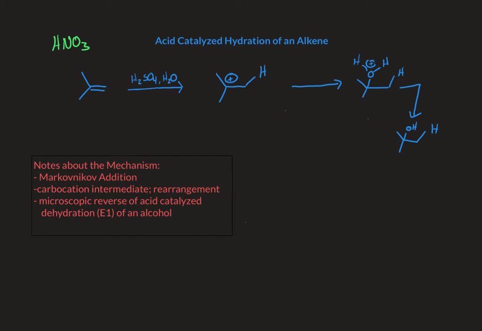And the first thing that happens when we're going in reverse is this thing is protonated to form this hydronium ion. The next thing that happens is water leaves to form this carbocation. And finally, some base, maybe water, could come in and deprotonate that position to give you this alkene. So it's the exact same process, just in the opposite direction.